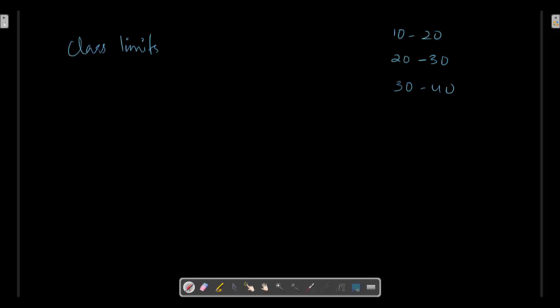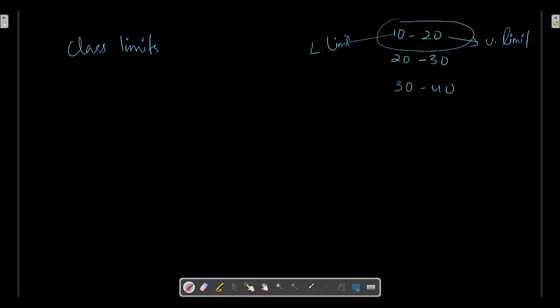In class limits, the lowest and the highest values that can be included in a class are known as class limits. The lowest value of the class is known as the lower limit, and the highest value is known as the upper limit. If we're taking this class as 10 to 20, 10 is the lower limit and 20 is the upper limit.